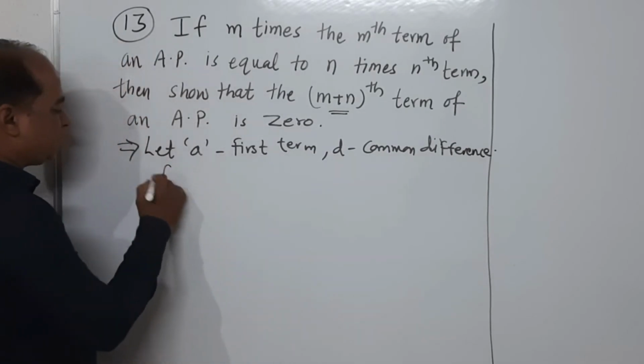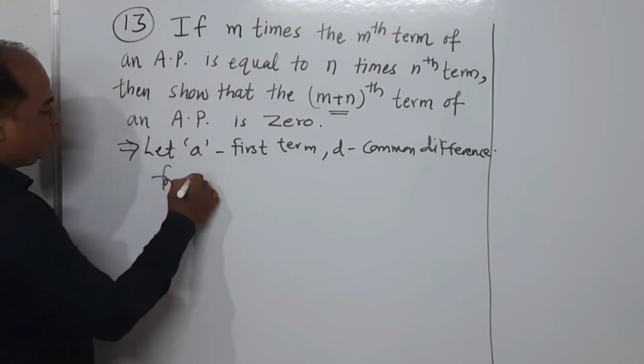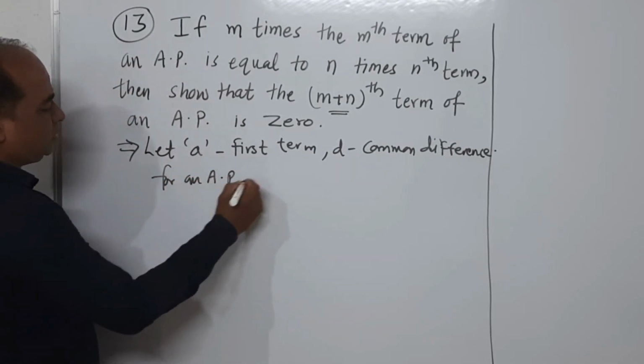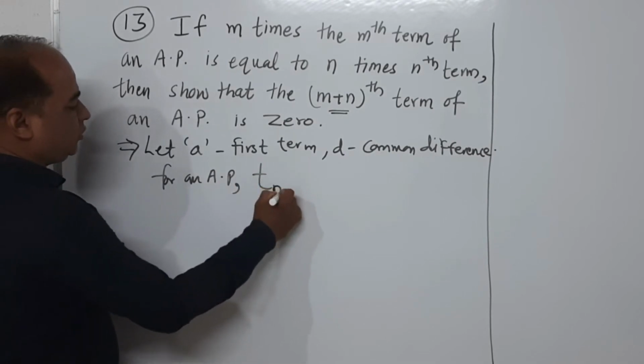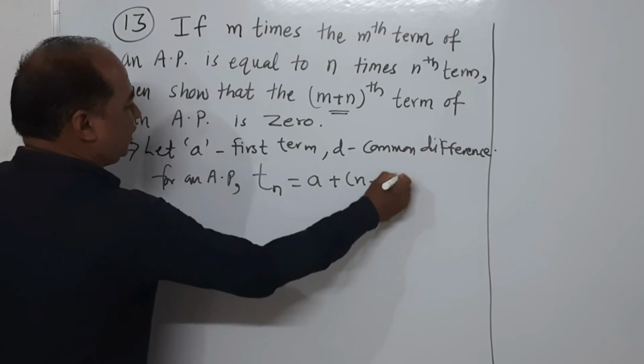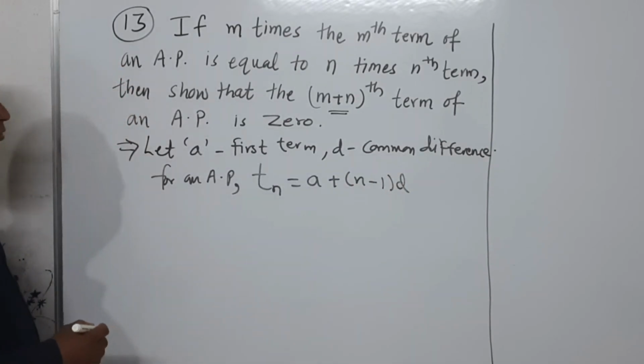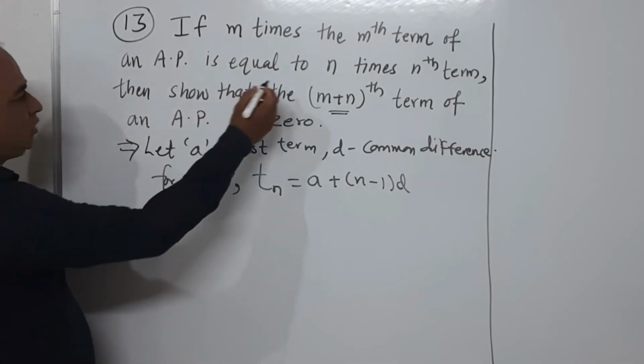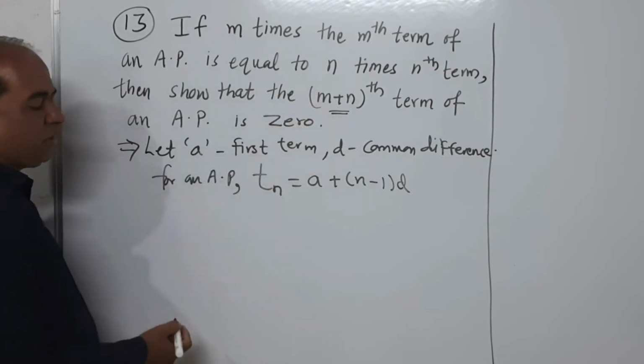For an arithmetic progression, Tn is equal to a plus n minus 1 into d. Now use this formula for n is equal to m and n is equal to n.